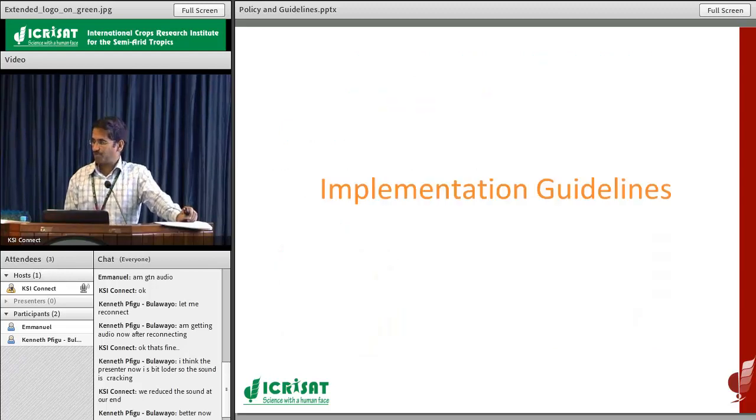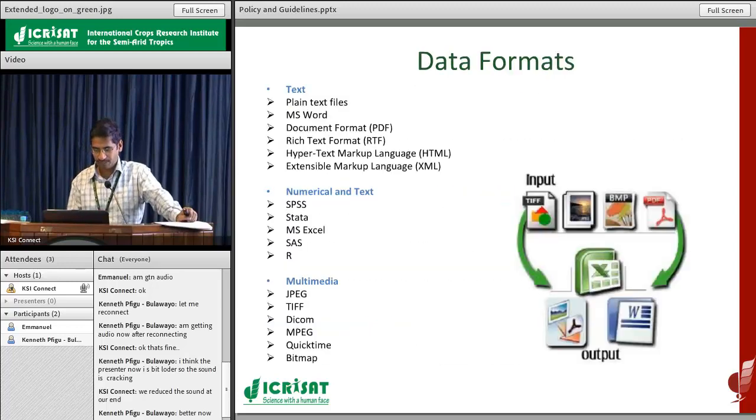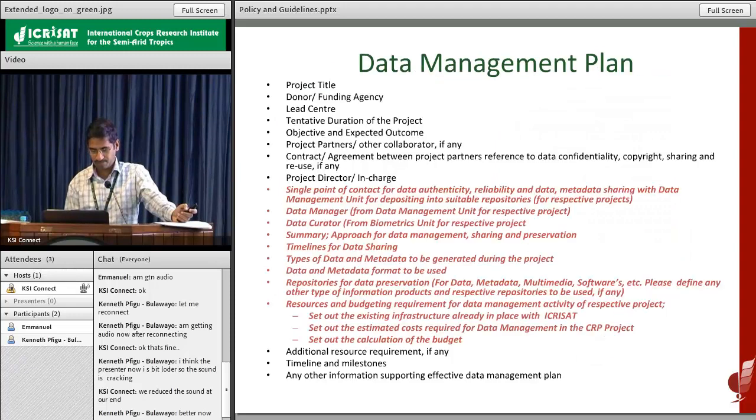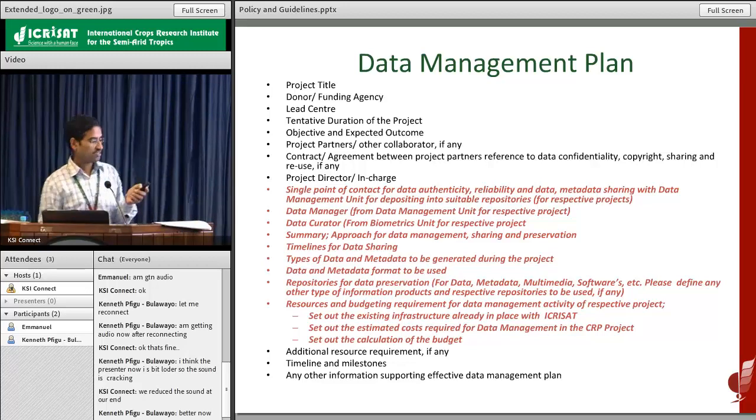And for effective implementation of the policy, we need a guideline that gives details on what to do, what not to do, and who has to do what kind of things. And these are the kind of data formats we expect in any of the research projects. And certain things we need to include in the project management plan at the initial phase, not at the end.